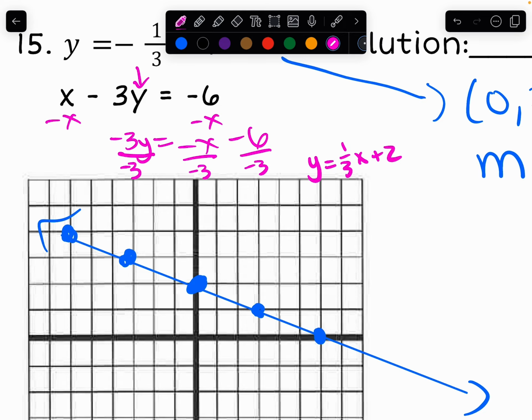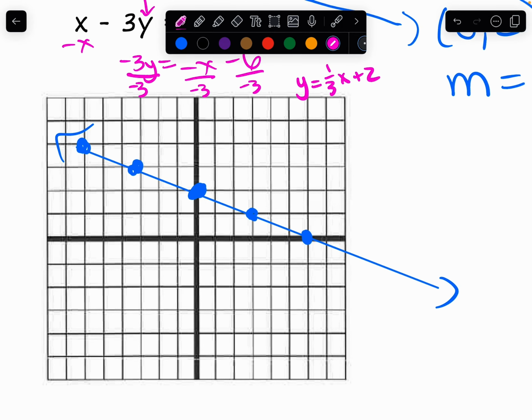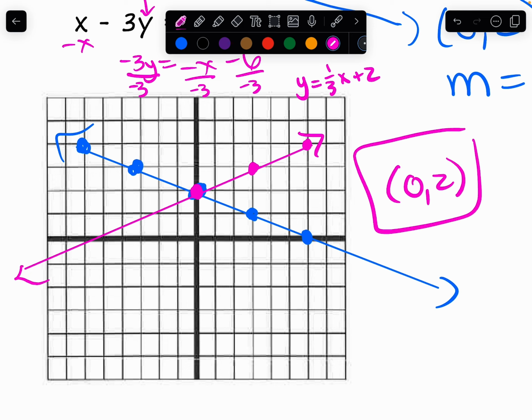Did I do that right? I did. Look at this. The slope is 1/3, not negative 1/3. But they run into each other at the y-intercept. That is the solution.